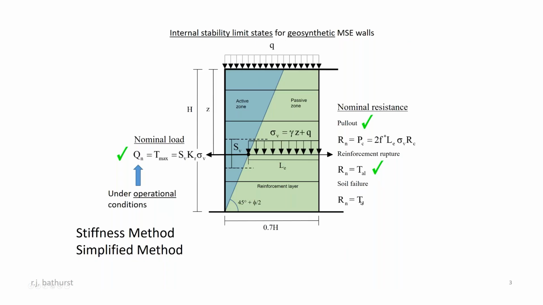And in the stiffness method, we have to be able to calculate what is the maximum load to keep the strain in the reinforcement to an acceptable level, knowing that if the strain in the reinforcement gets too high, that's an indicator that the soil has actually failed, and therefore the wall is not at a serviceability state, which is a primary assumption for the stiffness method.